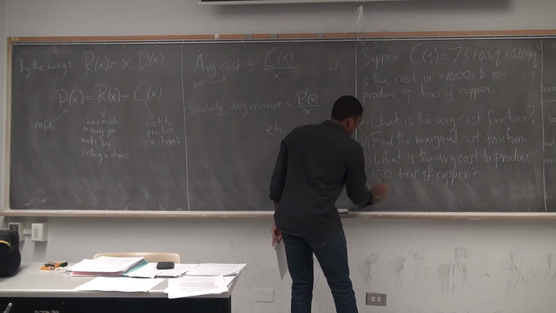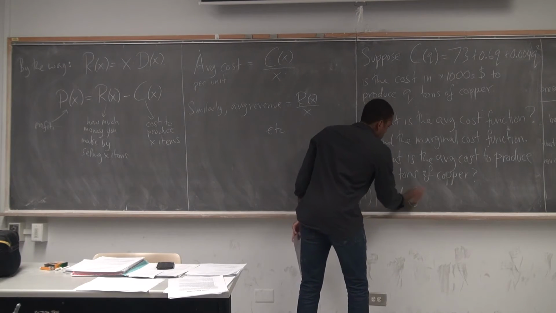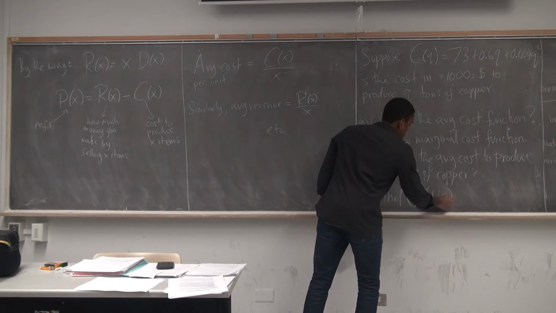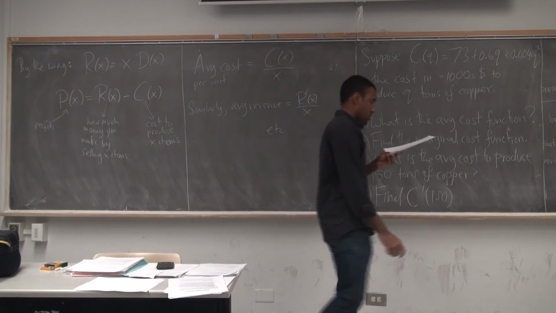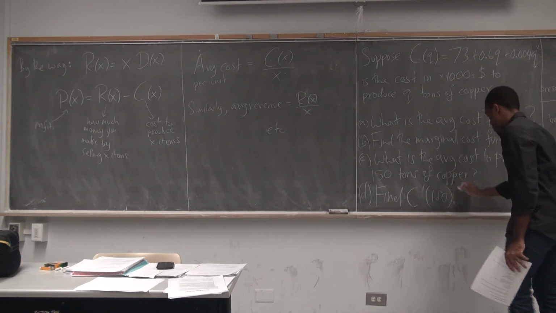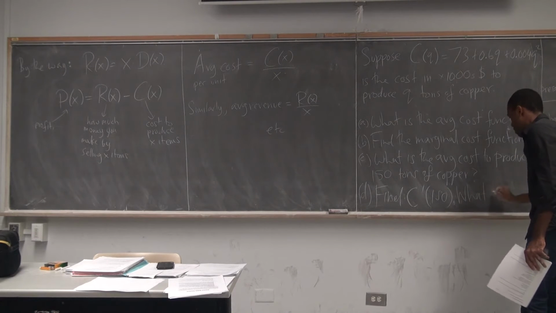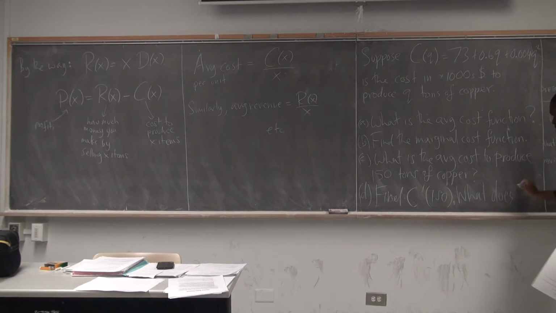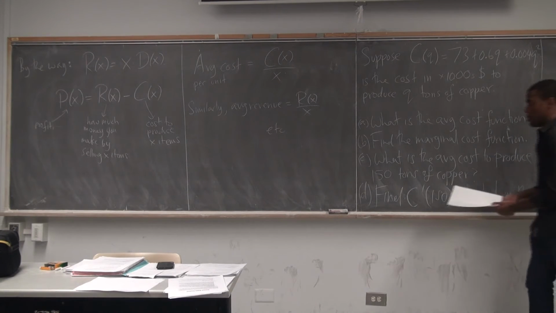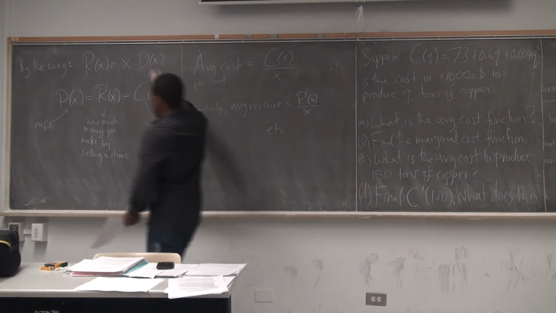D. Find C prime of 150. What does this mean? Meaning, give me an interpretation of that in words.